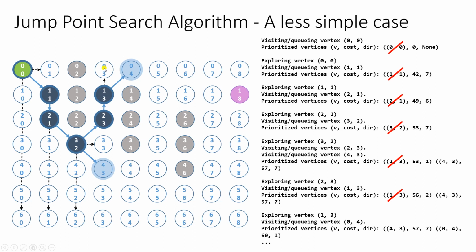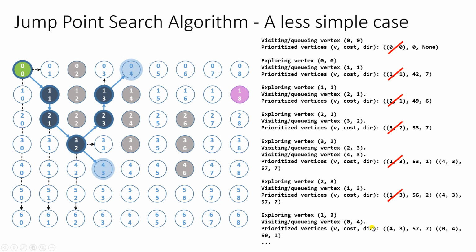There was nothing on vertex 0, 3, it's not interesting, but since we had this obstacle vertex 1, 4, we also made a turn to that, and we also discovered a jump point. It's vertex 0, 4.